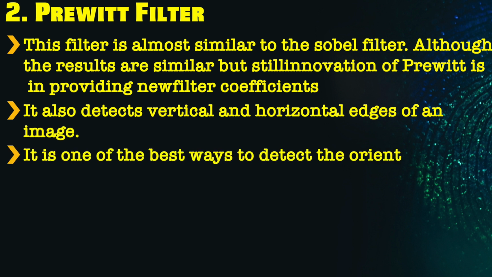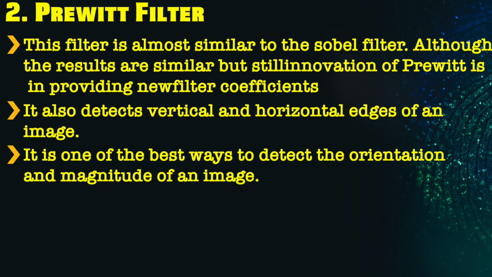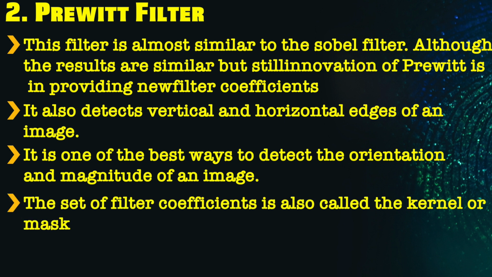It is one of the best ways to detect the orientation and magnitude of the image. The set of filter coefficients is also called a kernel or mask. So many times if I say mask, if I say kernel, that is the filter matrix actually, that is the filter coefficient set. So do not get confused, in this filter, mask and kernel, all three are the same.